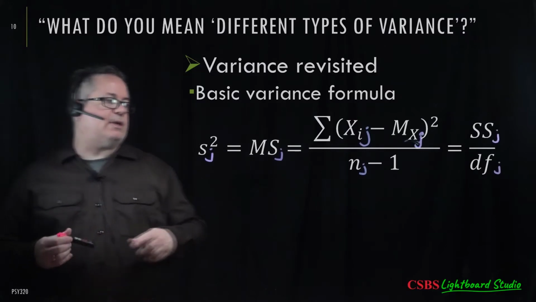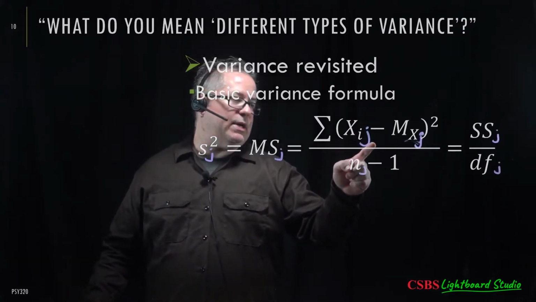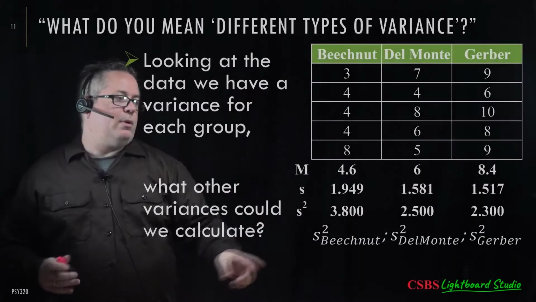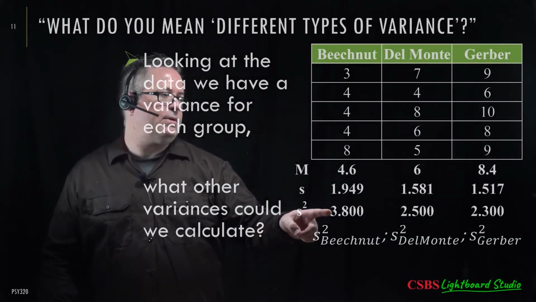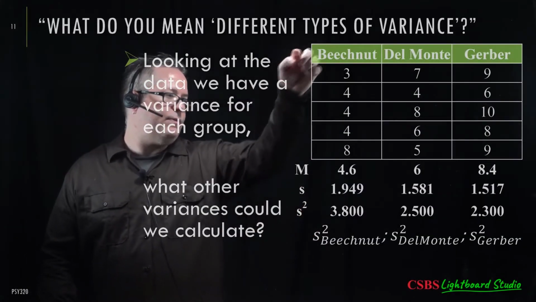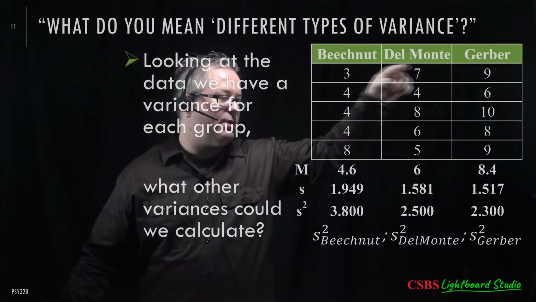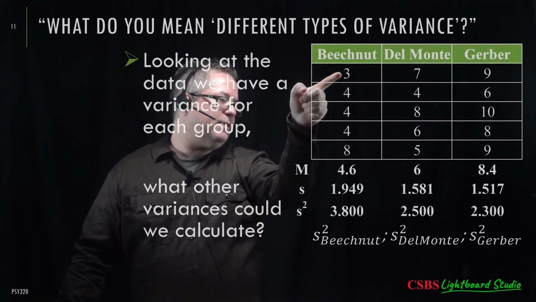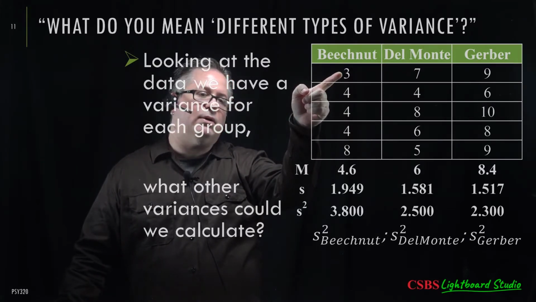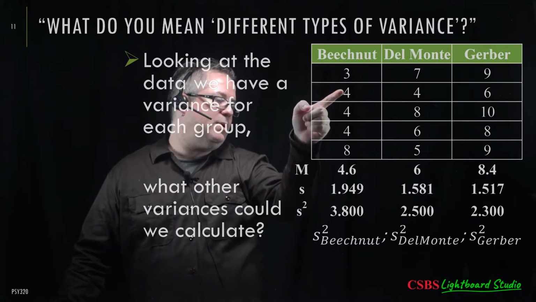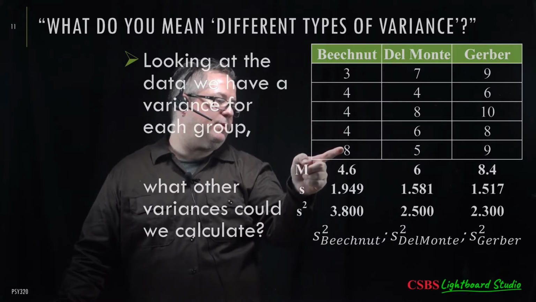And because this has got the double subscript of I and J, it's talking about each individual in each group. If this is J1, this is 1, this is 2, and this is 3, I can think of this as X 1,1 for being the first individual in group 1. This is 2,1, 3,1, 4,1, 5,1.